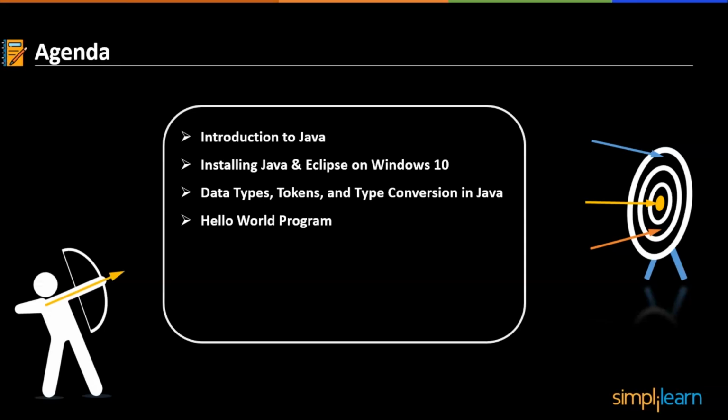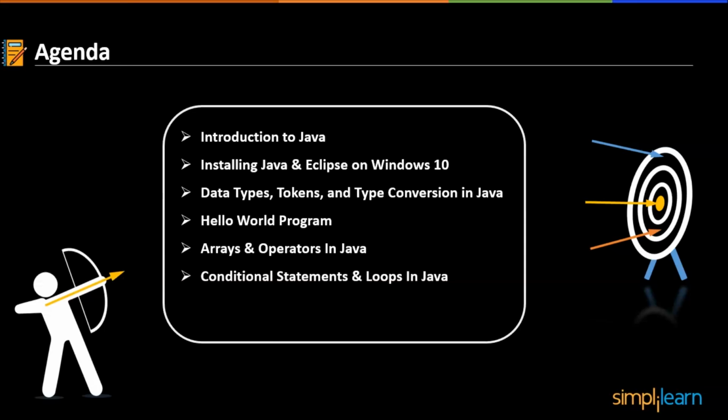Moving ahead, we'll cover topics like arrays and operators in Java. We'll then cover topics like conditional statements in Java and loops in Java. We'll go through all the different types of loops present in Java. We'll end this video by going through a mini project wherein we'll create a calculator with all that we have learned. I hope you guys are ready to learn something new. So without any further delay, let's get started.